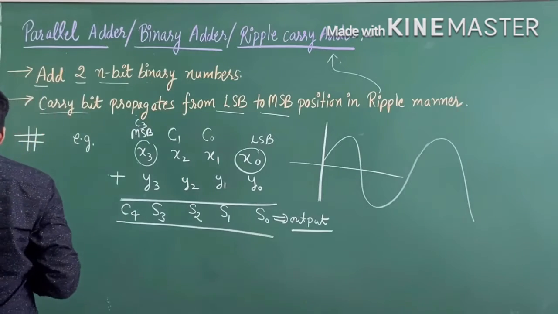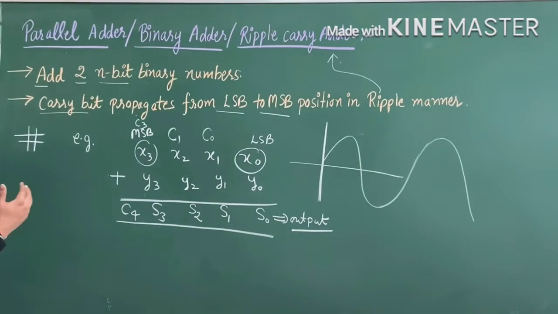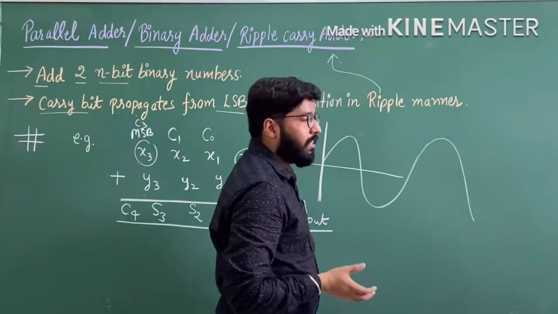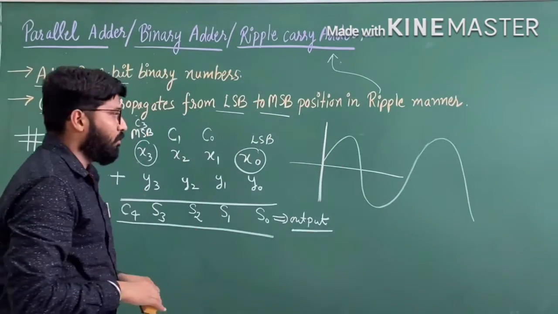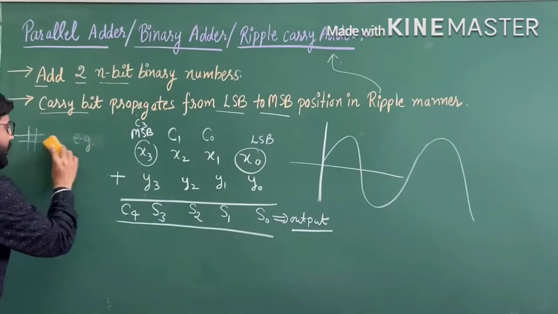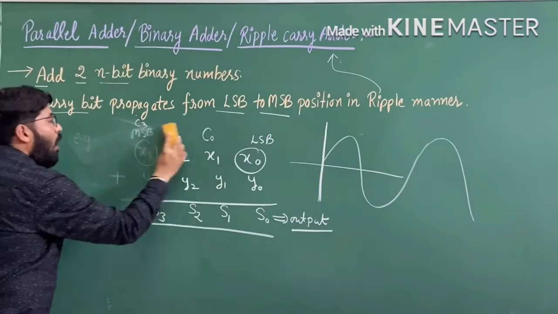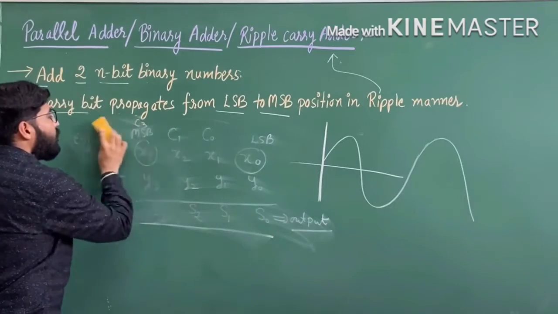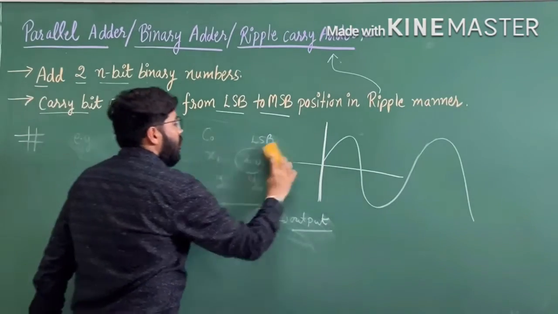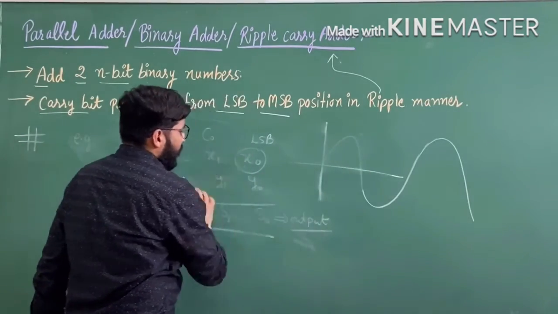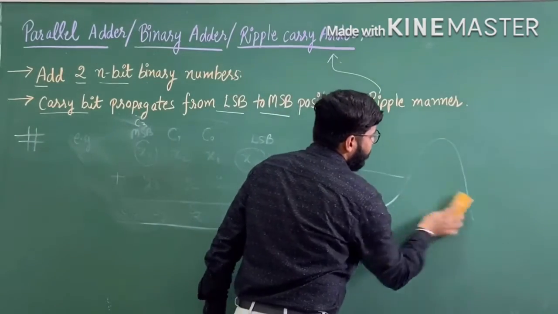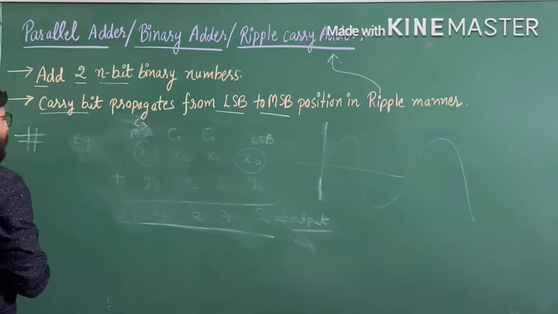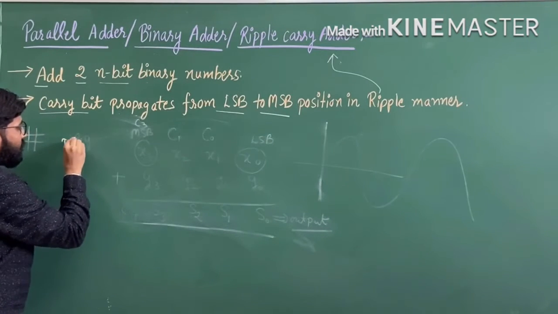Now, there is a note on how many full adders, half adders and OR gates are used in the design of a parallel adder. So there is a formula, and by that formula we can calculate them.